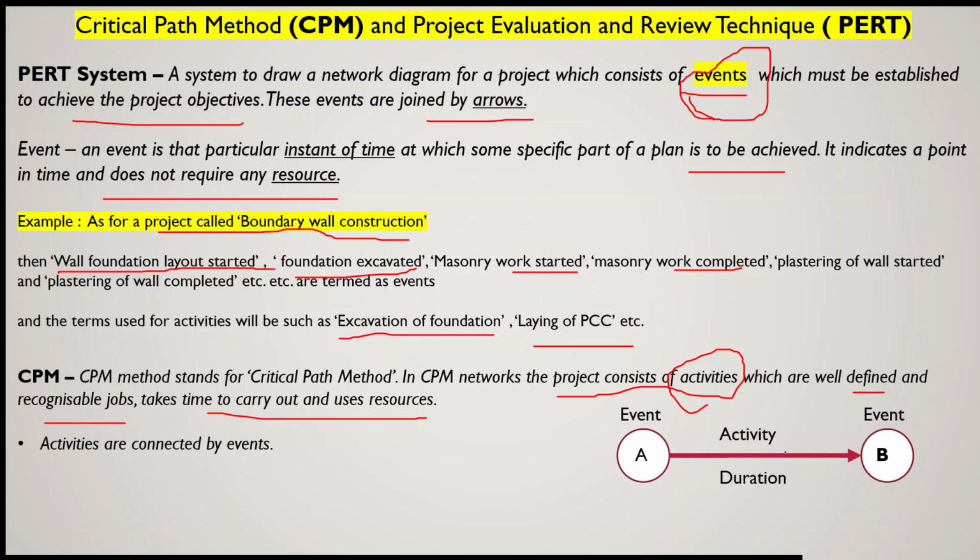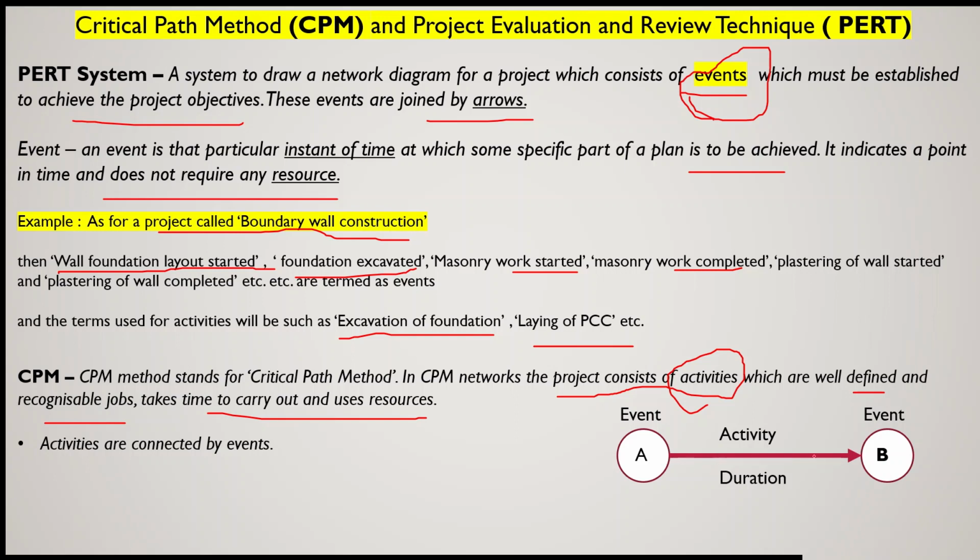A is the start of this activity and B is the completion of this activity. So this red color arrow which is connecting two events is known as the activity. Here we will point out which is the activity, for example excavation of foundation. So event A will be the start of excavation and completion of excavation will be B. So A and B are giving you the instant of time when excavation starts and the instant of time when excavation is completed.